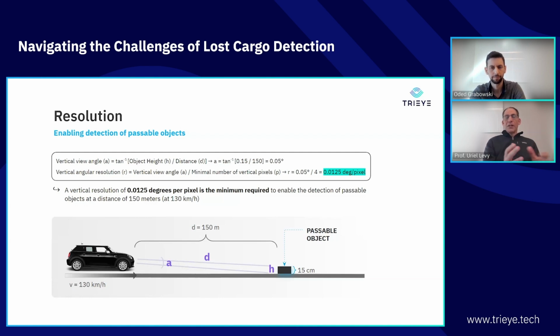And this is actually the minimum requirement. Actually, if we think of the grid of the pixel, which is not fully aligned with the object, that could be even more severe. And that's why we are typically defining the needed angular resolution to be in the order of 0.01 degree per pixel.